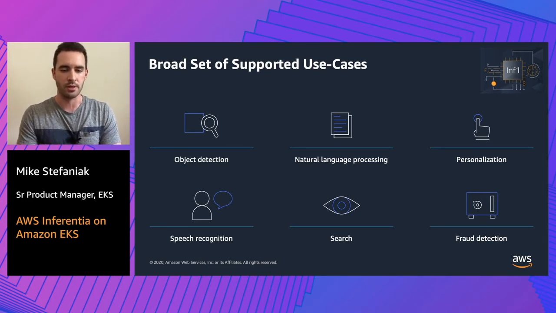So from object detection, image classification, natural language processing, search, fraud detection. Customers really looking to increase their ML application performance and reduce the cost of running these models in production. And we really fully expect that as this cost is brought down, there's going to be use cases that come here that we haven't even thought of yet. So we're really excited to see where this goes.